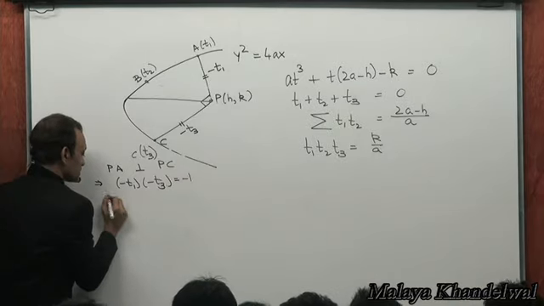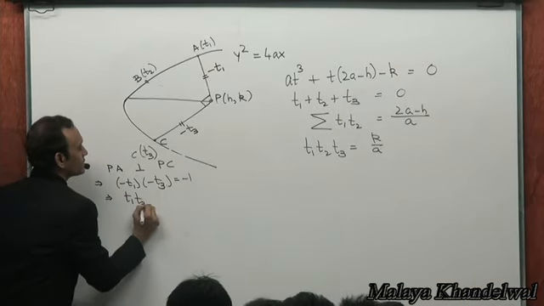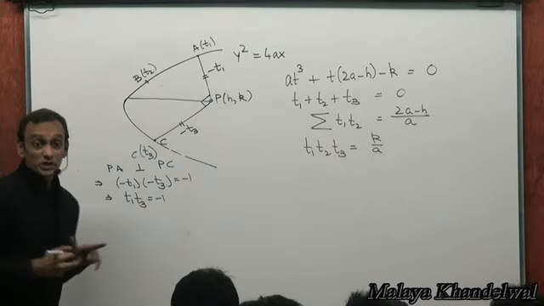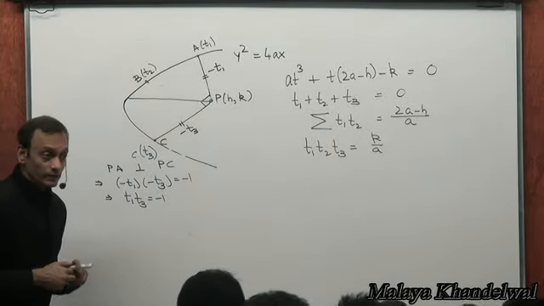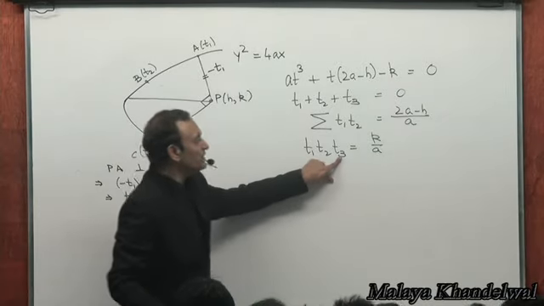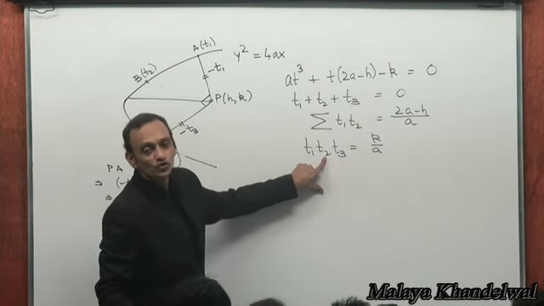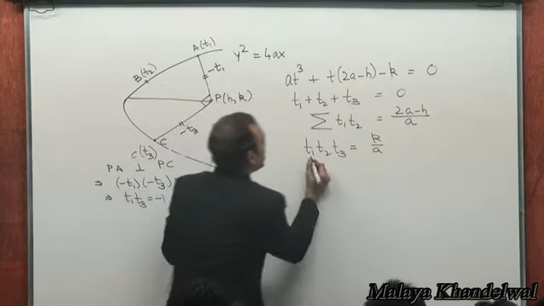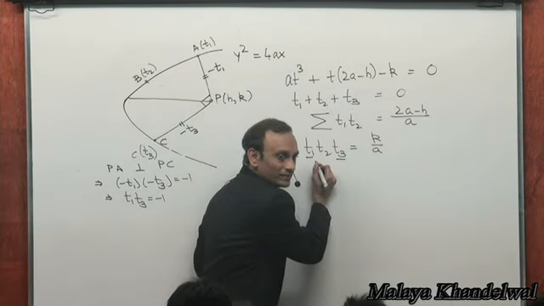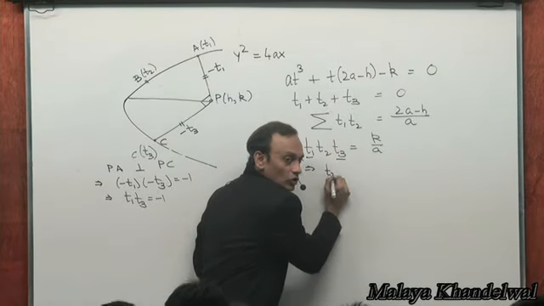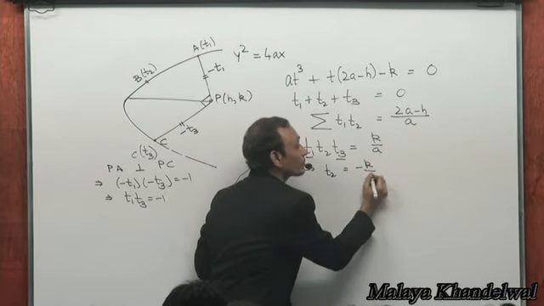It means T1 T3 must be minus 1, such must be P. Now, if you plug in T1 T3 as minus 1, what is T2? This would give me T2 equal to minus K by A.